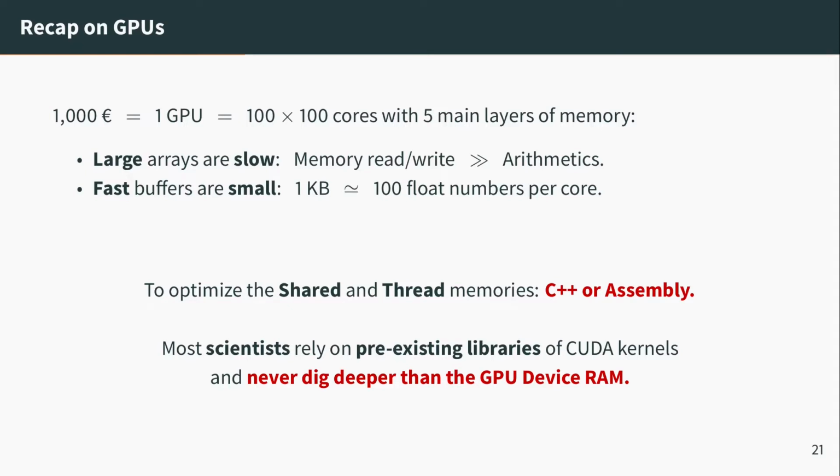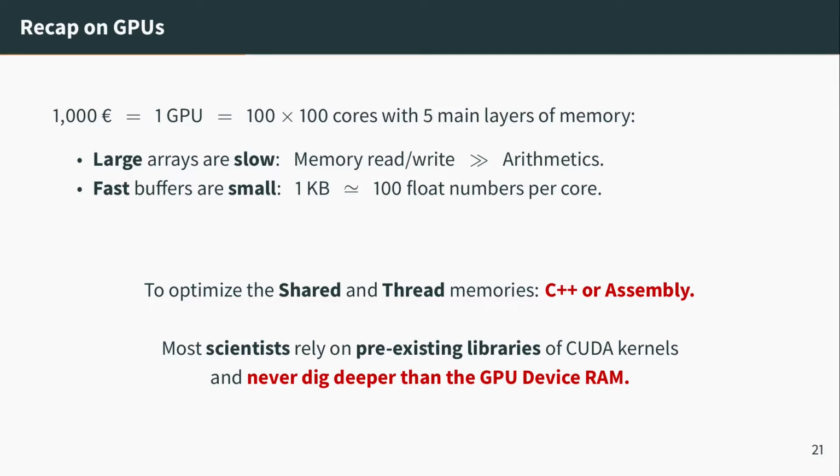So a memory access or a memory write costs 2 orders of magnitude more than arithmetic operations. So you would like to use the fast buffers, but they are very small, like only 1 kilobyte per core. So just enough room to store 100, 200, 500 float numbers, which is very limiting if you do image processing, for instance.